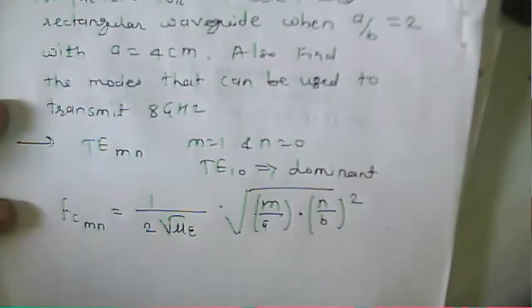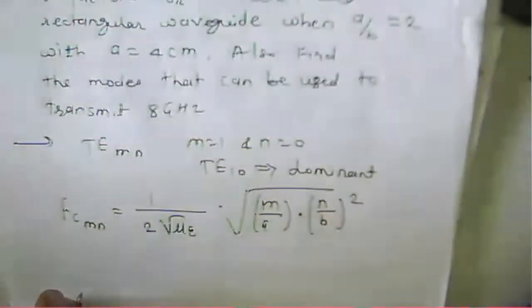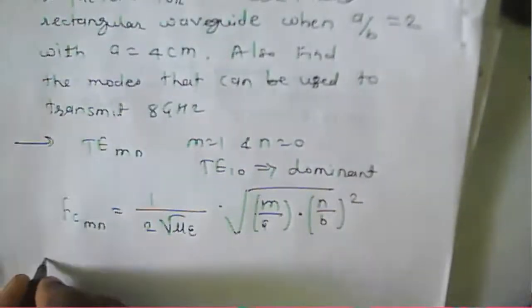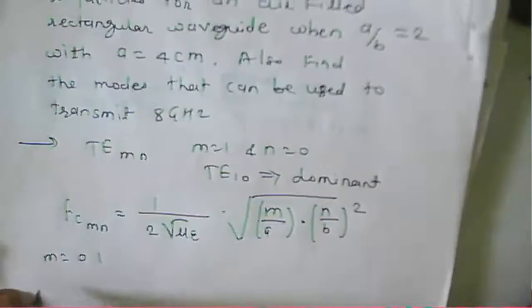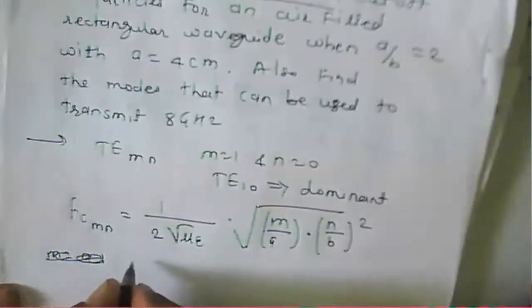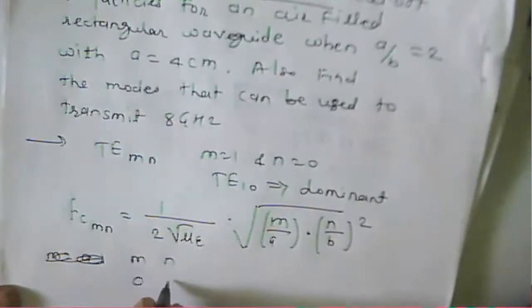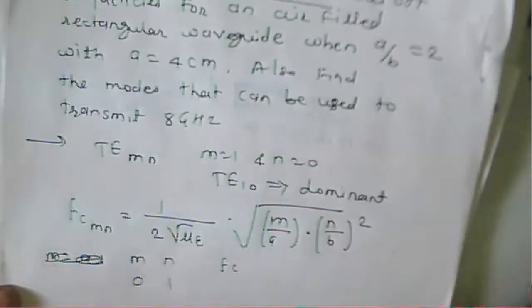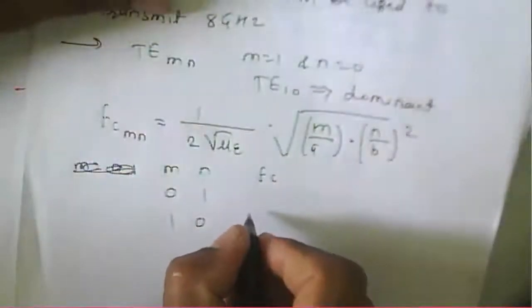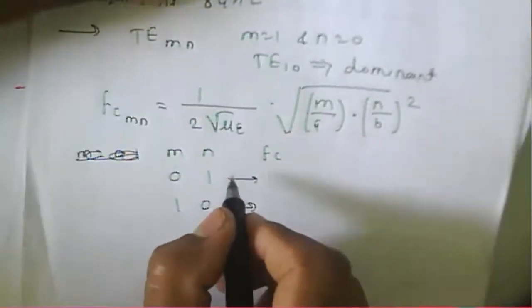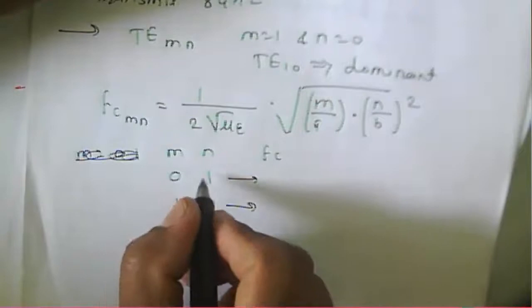Now if you solve it, what will be the values when we consider m equal to 0 and n equal to 1, or m equal to 1 and n equal to 0? What will be the fc value? So we need to find the fc values, the cutoff frequency values, for these different modes.